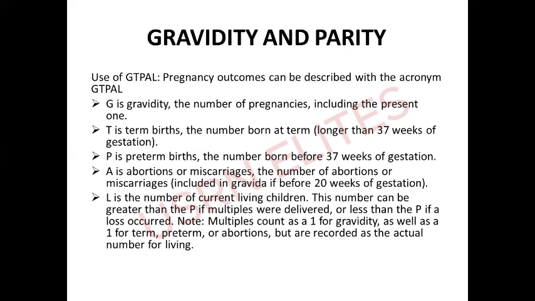Now, in this acronym that we're going to use, and I know some of you might have come across it several times whilst doing your questions, we have the GTPAL, where the G stands for gravidity, the T stands for term gestation, and P stands for preterm. Remember, this P here is not parity.